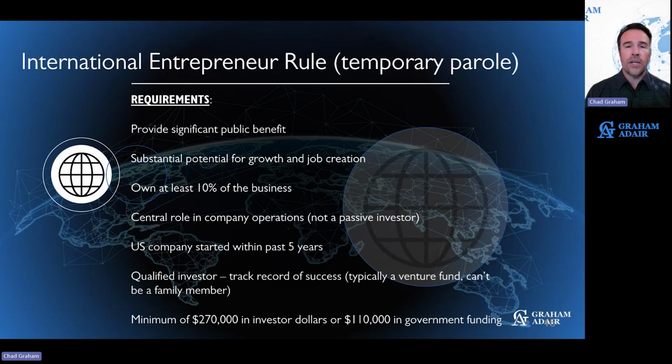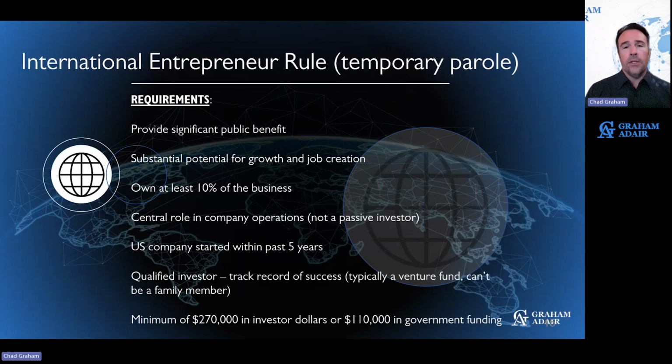They can show that they've had success in the past. Where the difficulty comes in is where you have an individual investor, say an angel investor, for example, who does not have a long track record of investments. Maybe they've made a couple, but they haven't really been successful. We're going to have a hard time showing that they're a qualified investor. But if the individual has done a lot of these, then it's possible that an individual can qualify as well.